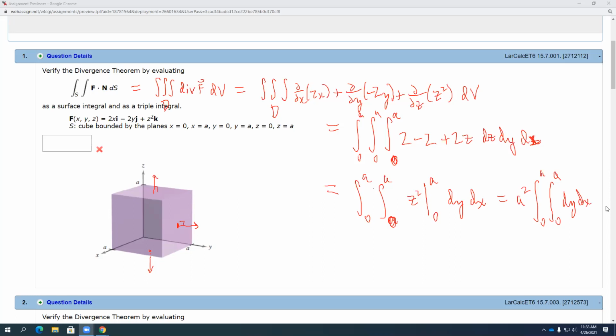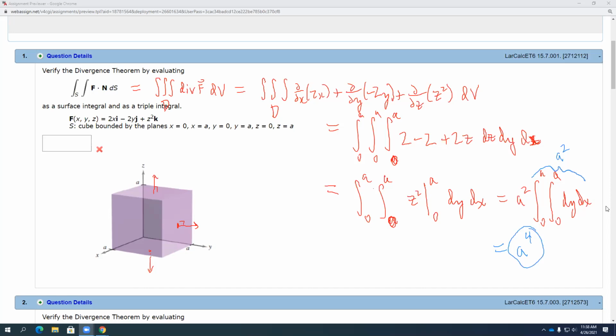Isn't that just going to give the area of that square? Yes. So what is that going to be? That's just a times a, which is a squared. So in the end, we get a to the what? Fourth. Yeah, a to the fourth.